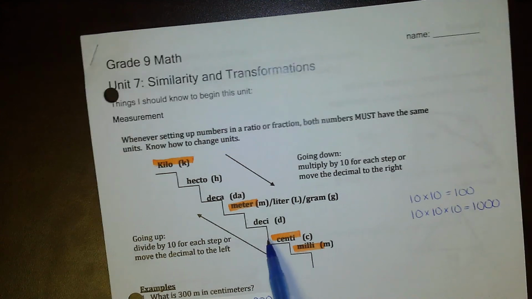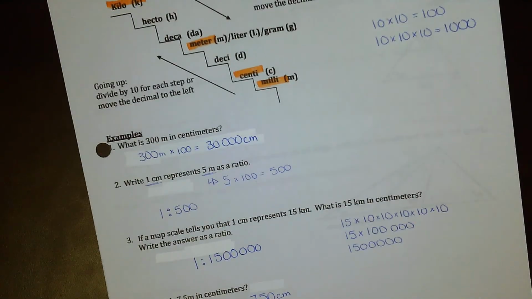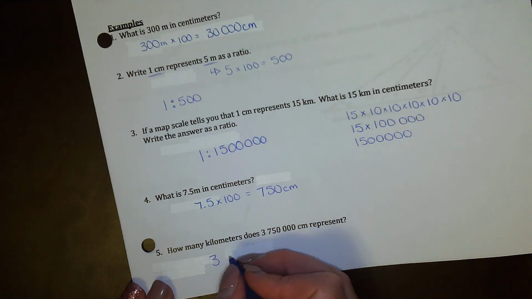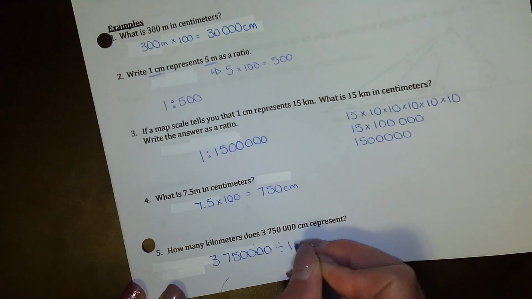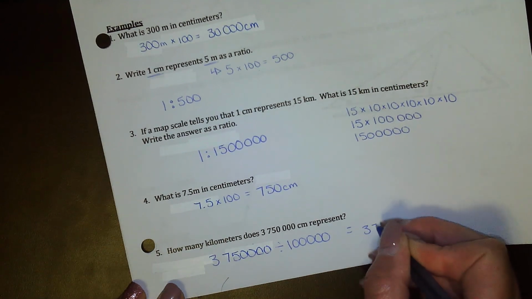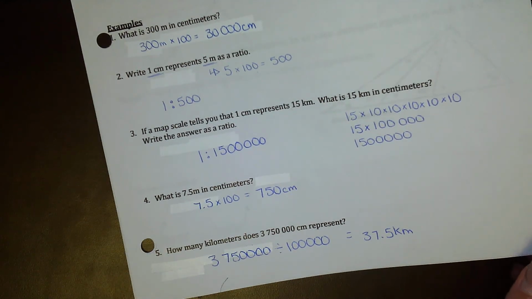So if we're going from our centimeters up to the kilometers, then we're going to be dividing by that 100,000 in this case. So that will equal 37.5 kilometers.